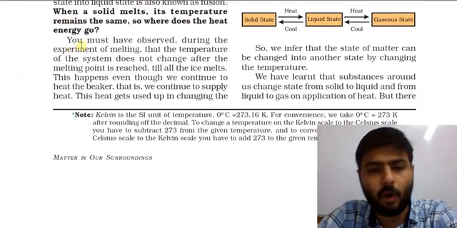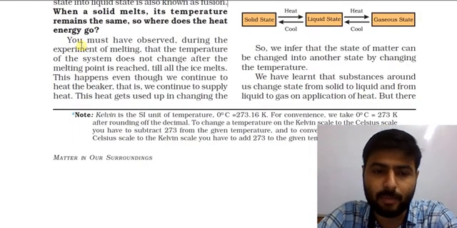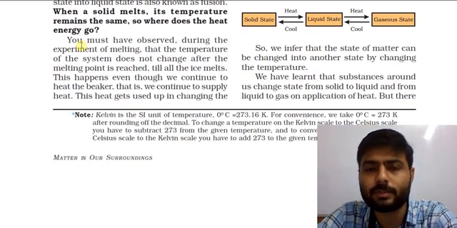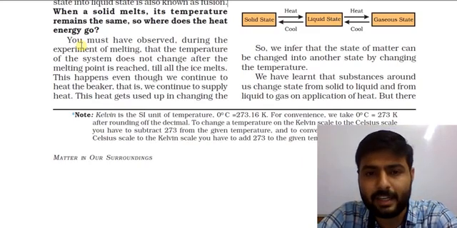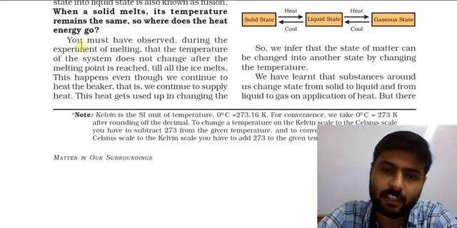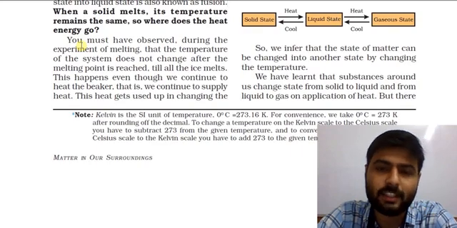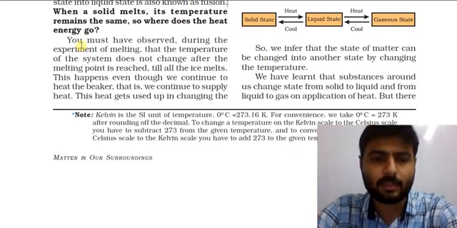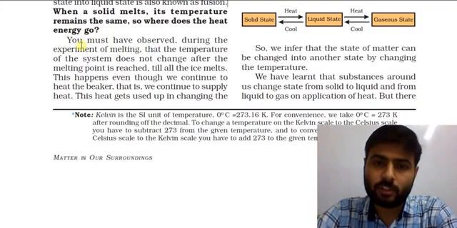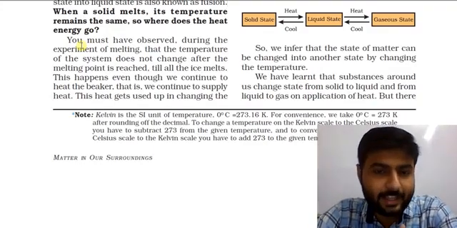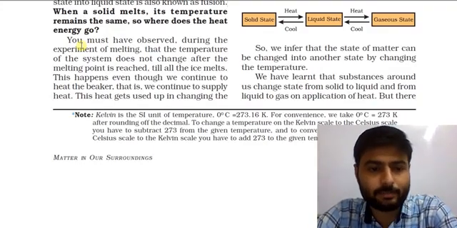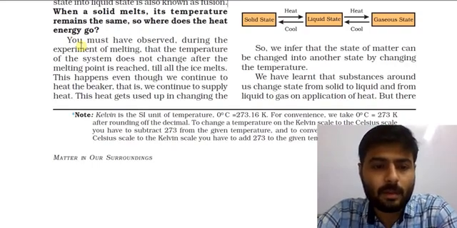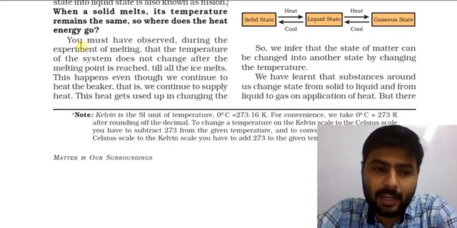You must have observed during the experiment of melting that the temperature of the system does not change after the melting point is reached. After the melting point is reached, which means 0 degree centigrade or 273.16 Kelvin, the temperature does not change though we are giving heat constantly till all the ice melts.